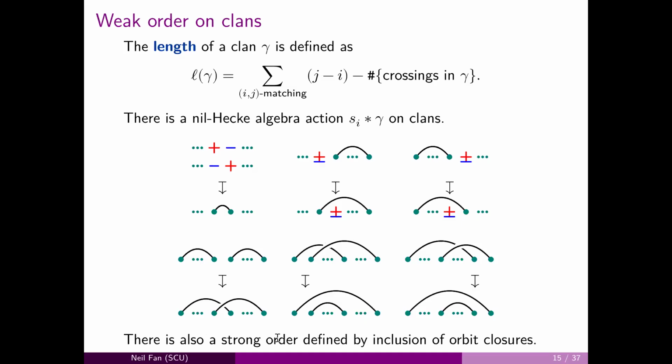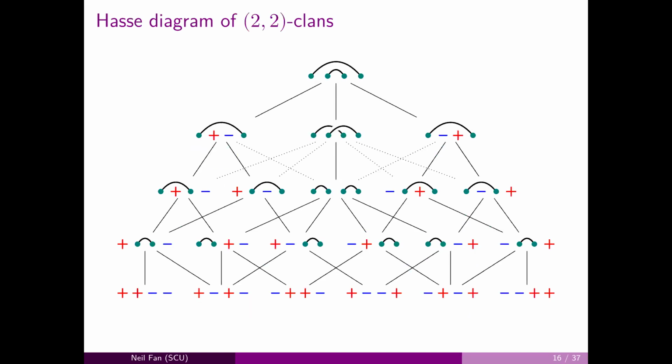There is also a strong order defined by inclusion of orbit closures. This is an example of the Hasse diagram of all 2-2 clans. The dashed lines indicate strong order.